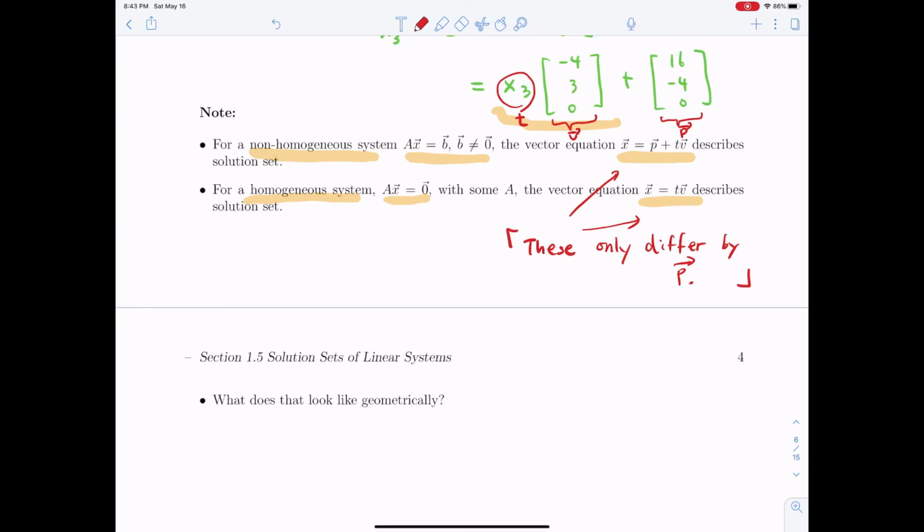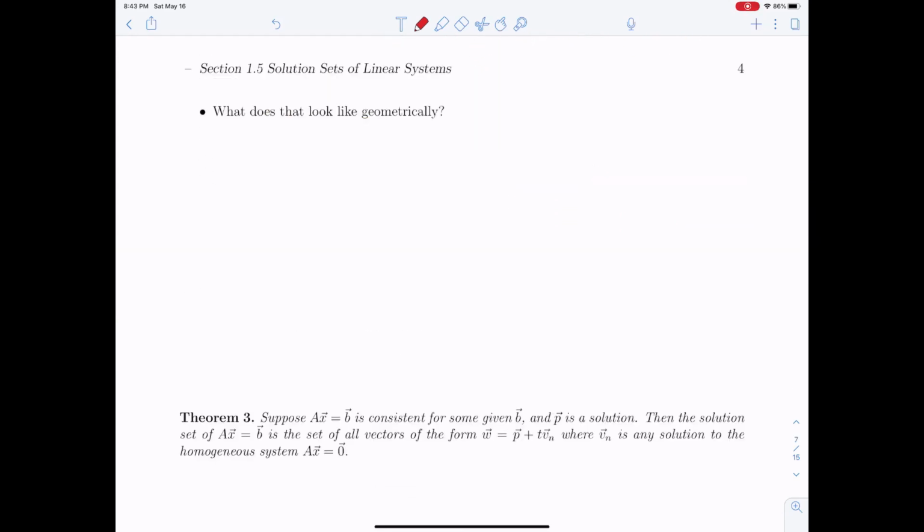Okay, so geometrically, if you draw the solution set in a coordinate plane, let's say you have a vector v over here, and p looks something like this. And we know that the solution set to the homogeneous equation is a line passing through the origin. So the equation of this line is x equals t times the vector v.